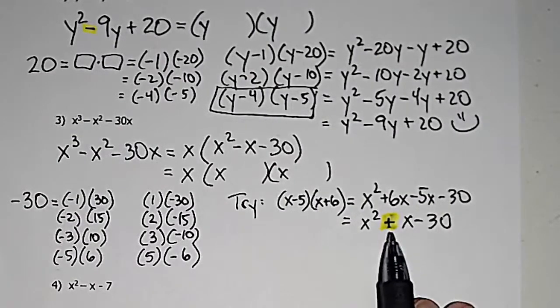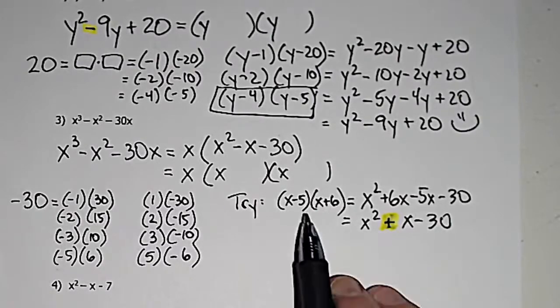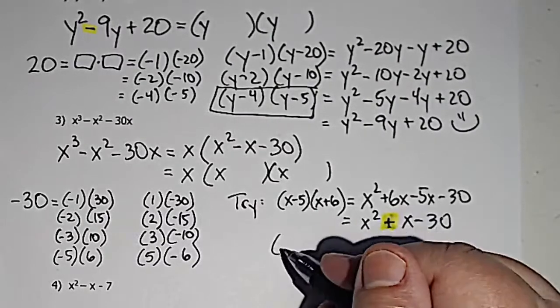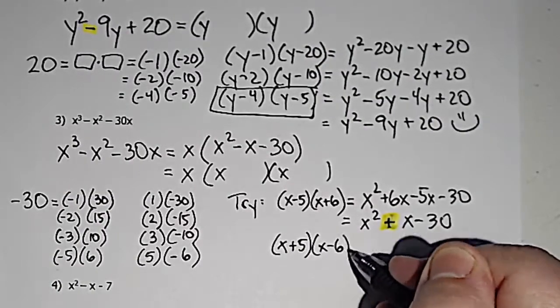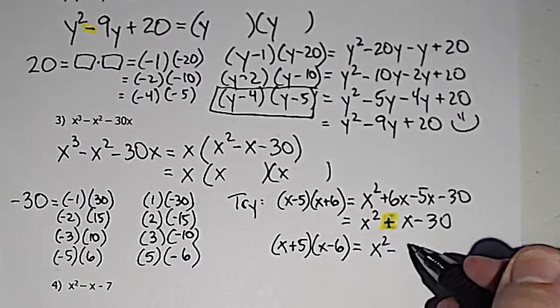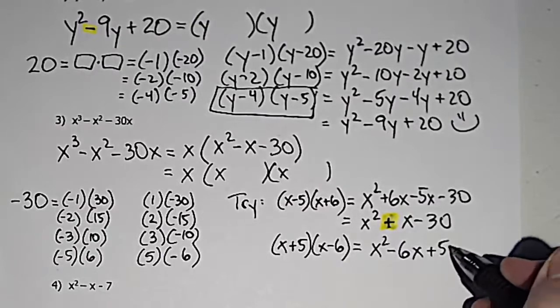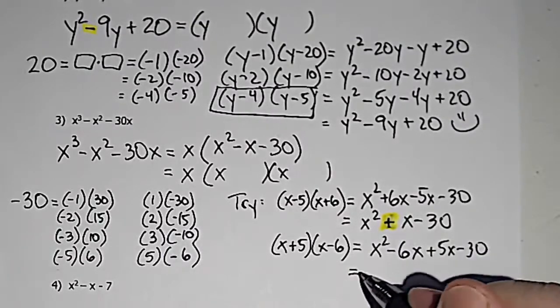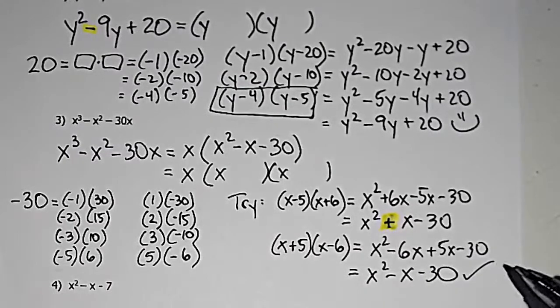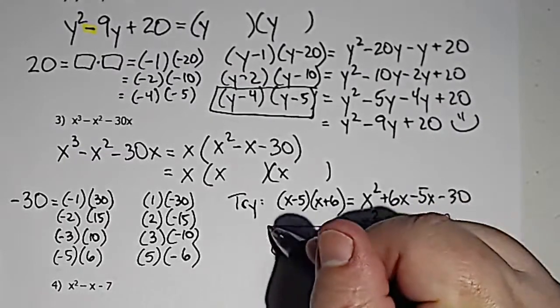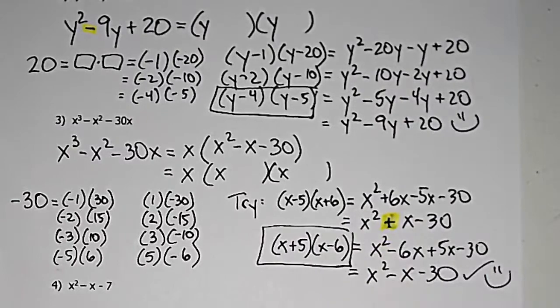So if the numbers are all right, but the sign is wrong, look at your problem and try swapping the sign. So I'm going to do x plus 5, x minus 6: x squared minus 6x plus 5x minus 30, x squared minus x minus 30. There we go. That's the happy one. That's how to factor that one.